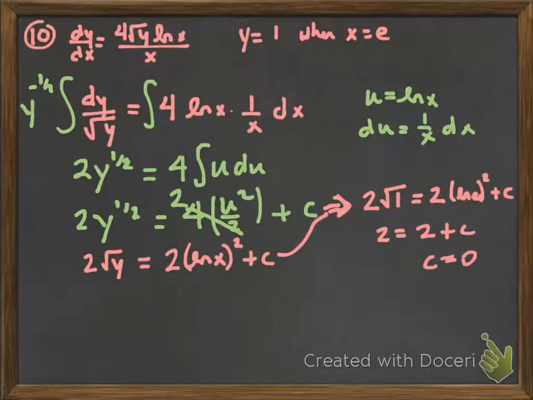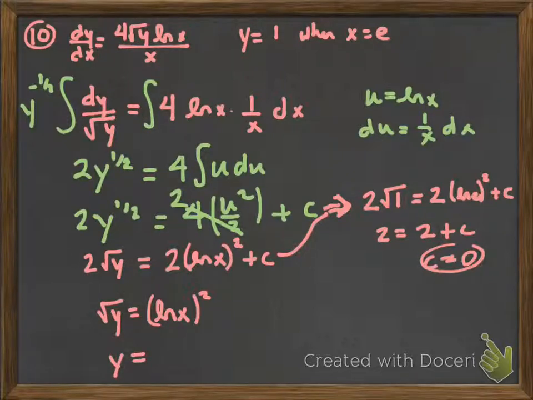0. c is 0. So that means my differential equation then is, so I'm going to ditch the c, which I can do because it's 0, right? And I'm going to go ahead and multiply both sides by a half, and I have the square root of y equals the natural log of x squared. What next? Square both sides. Since it's squared, do you need the absolute value on the x?